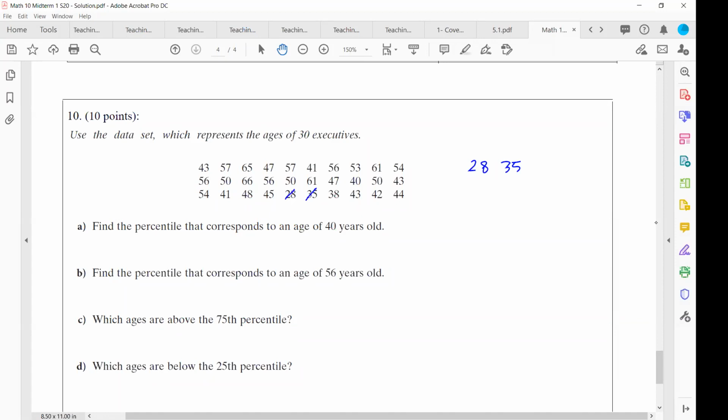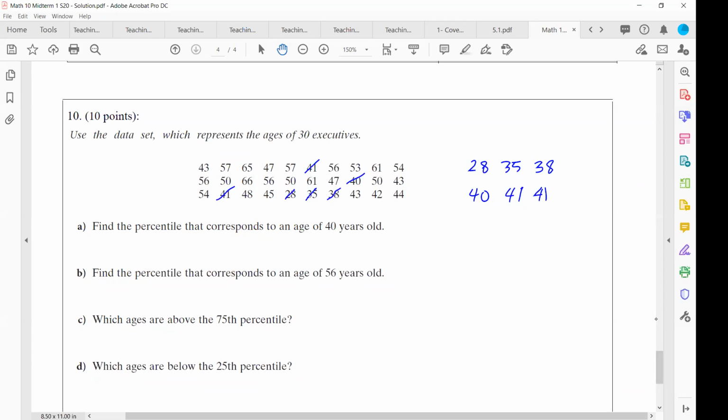Okay, we have 40, 140 here. Then we have 41, 141 here. Then, okay, I lost this, okay, 38. Then do we have any other 41? Nope, 42. Oh, we have another 41 here.